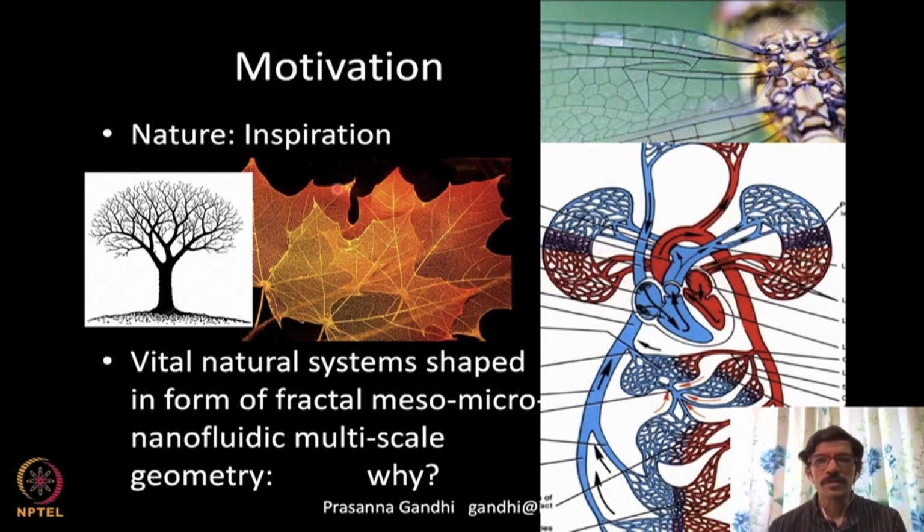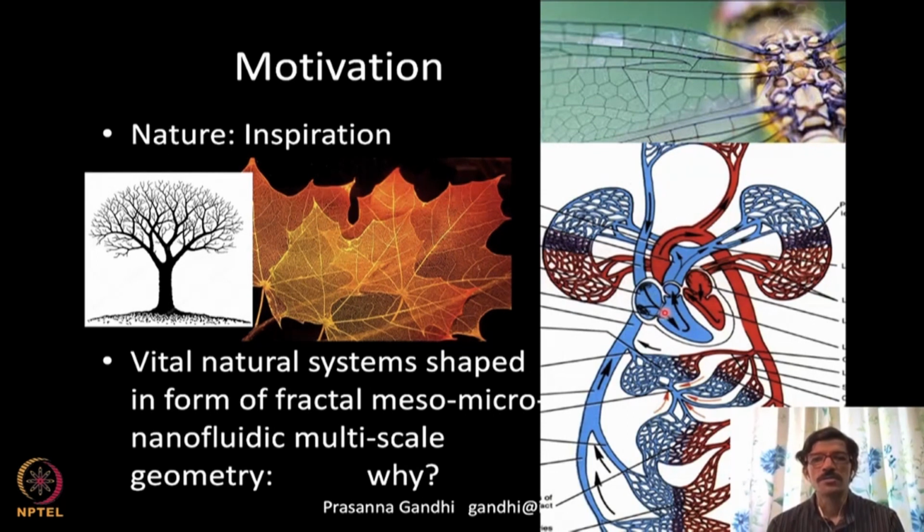For example, in our heart circulatory system also we have multiple branches, and the split happens there, and that's where the oxygen and carbon dioxide exchange happens for the lungs, and then these are brought back through big veins to the heart for pumping.